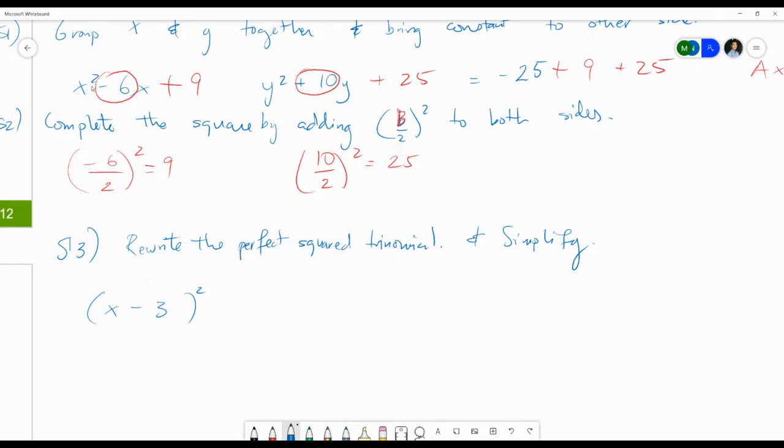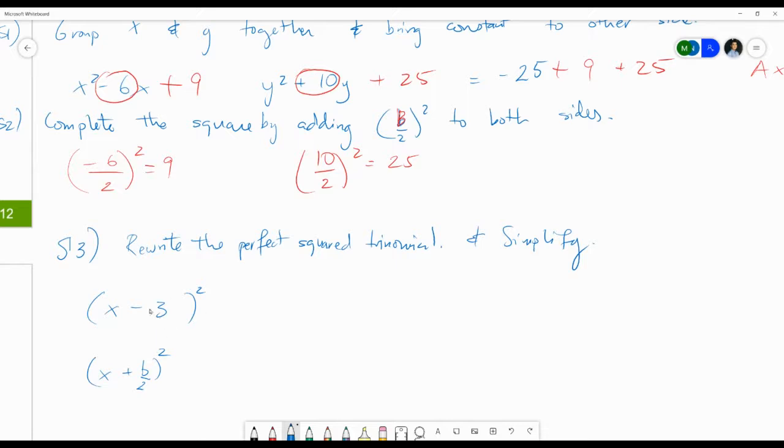Well, the b value, I take half of that. So the formula to rewrite this is x plus b over 2, squared. My b value is negative 6. So negative 6 divided by 2 is going to equal negative 3.